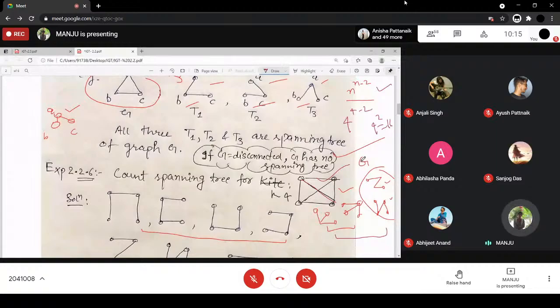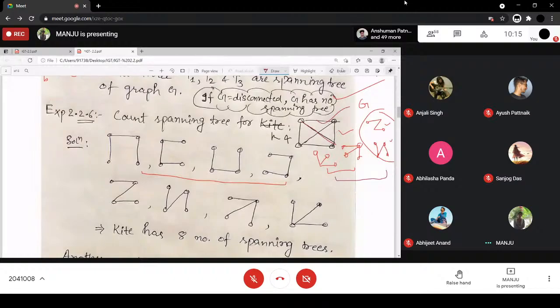How many spanning trees? 16. Out of 16, 8 we have listed already for this one, right? Now the other 8, draw it, check it.